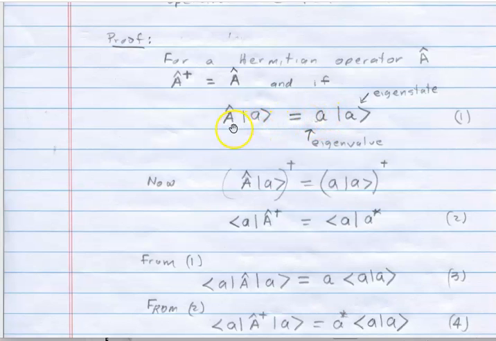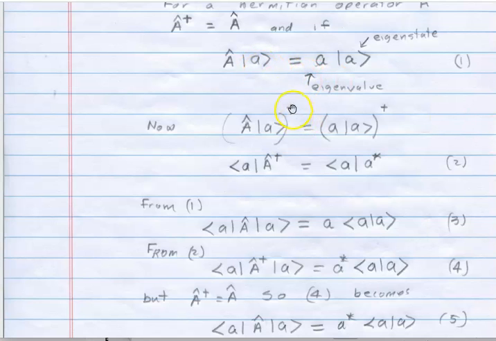So when you can find a vector that satisfies this, that when I operate on it gives me the same vector back again with maybe a multiplicative factor, then I've found an eigenstate of this operator. The eigenvalue is this piece out here. It's just a number. And this is an eigenstate or an eigenfunction in our notation.